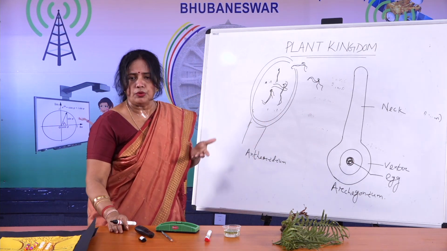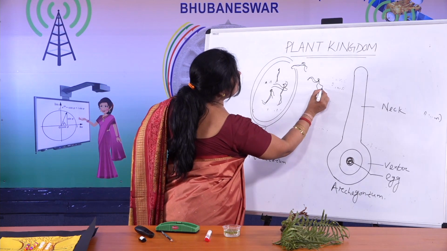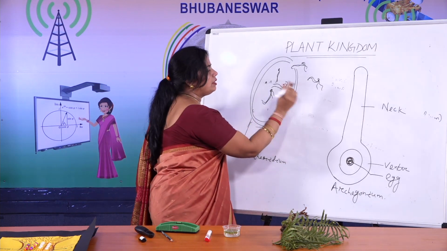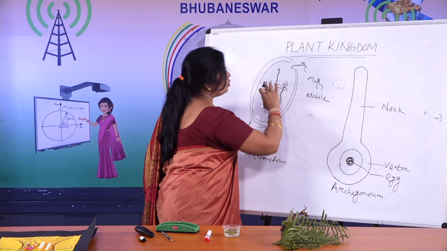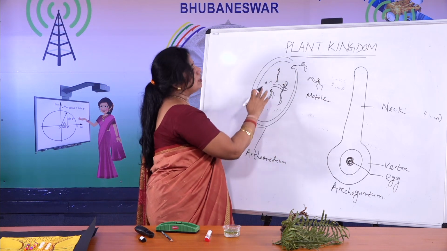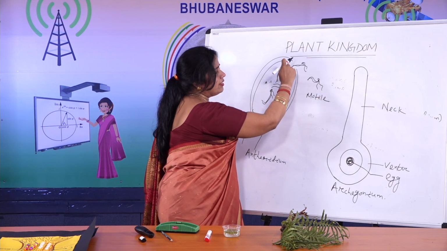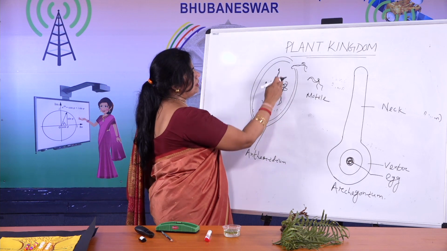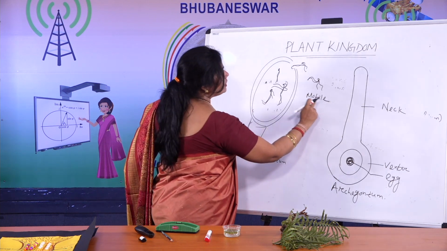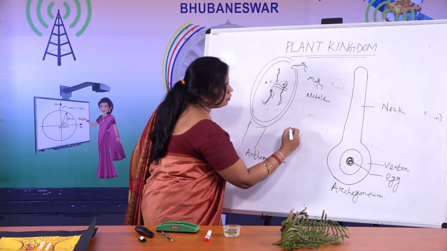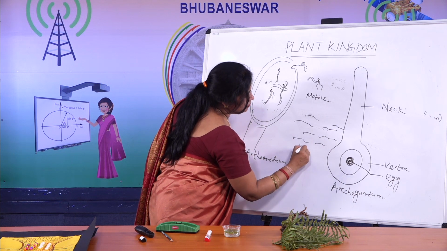They are able to move because they have the flagella. That's why they are motile. So, when the antheridium matures, this wall ruptures and the antherozoids or the male gametes are released. And since they have flagella, they are motile. Now, how will they move? They will move through the aquatic medium.